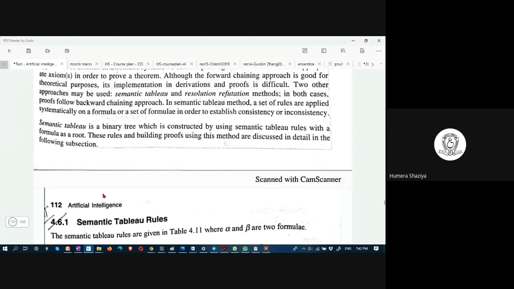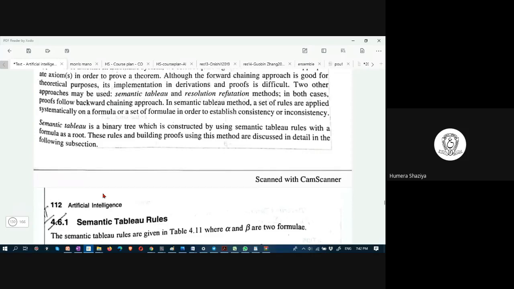If you observe, in every system there are rules. In NDS, there are rules. In axiomatic system, there are rules. Even in the truth table method, there were rules. On the application of rules, we could infer something new from the existing things.